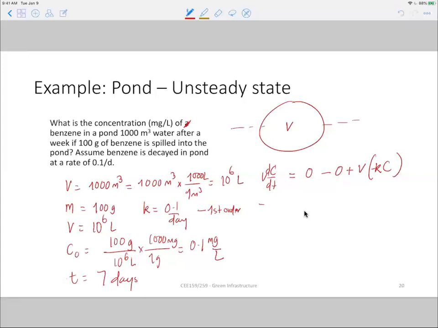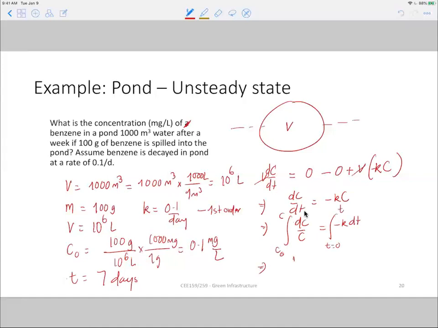So what you got, volume cancels, dC over dt is minus Kc, which you can solve. dC over C equals minus K dt. Initial is C0, then it becomes C at time t, from time 0 to a certain time t.